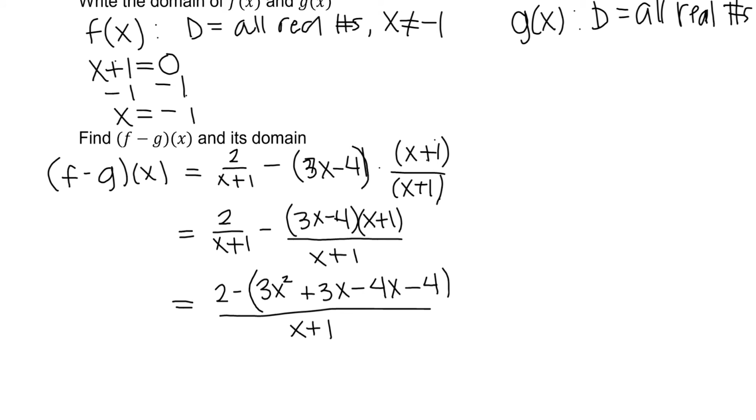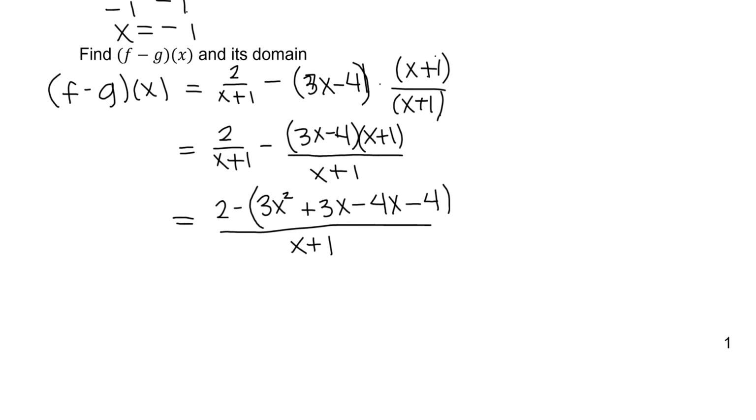So now you have two options. You can either combine like terms before distributing the negative, or distribute the negative first and then combine like terms. So I don't have to combine like terms first. I'm going to go ahead and distribute the negative.